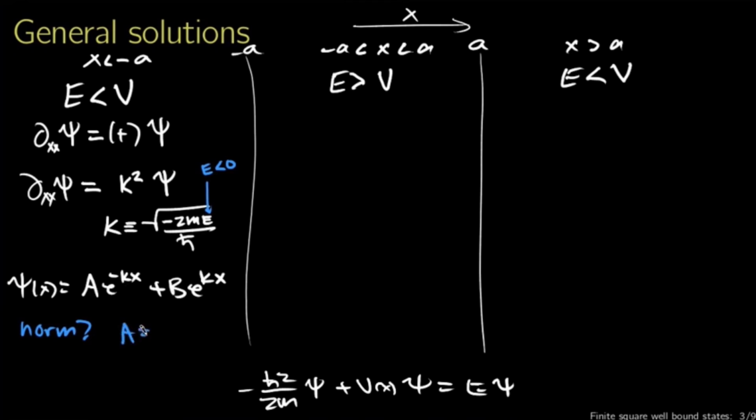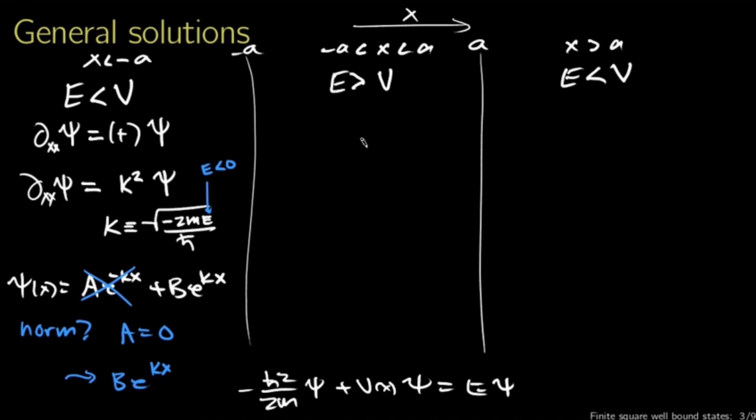That means we have to have A equal to 0 here. We have to be able to throw out this term, because if I plug in some large negative value for x, I'll get a large positive value for e to the minus kx. So the overall solutions we're looking at in this region look like B e to the kx. We don't know anything about B, we don't yet know anything about k other than its definition in terms of the energy.